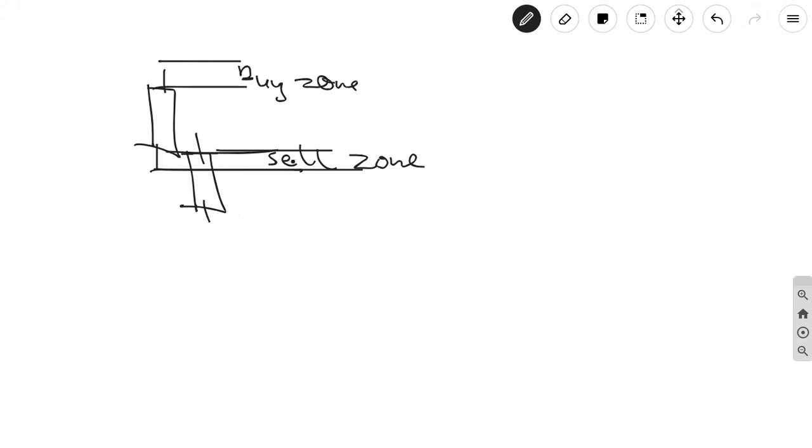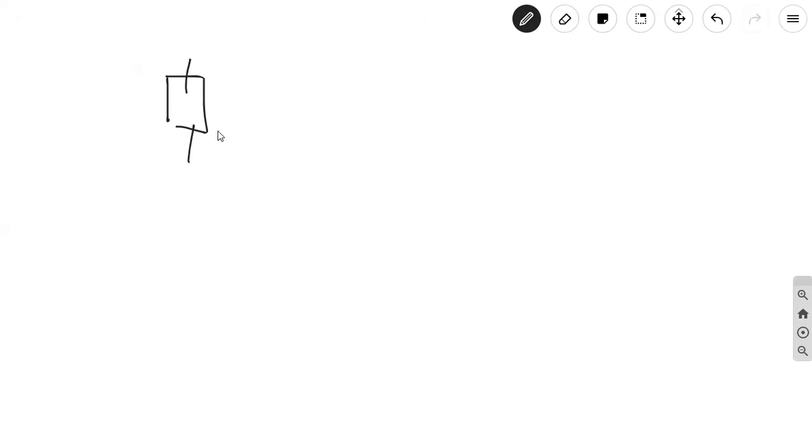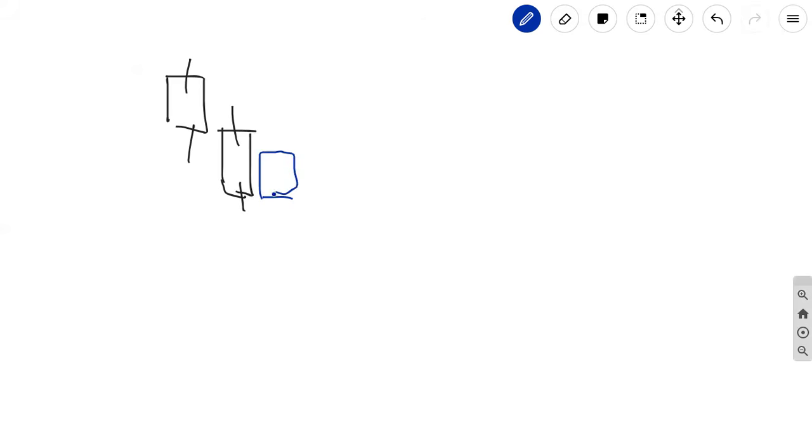But that's not the idea. The idea is when we have candles following each other like this, and then we have a different candle printing like a pullback. These were sell candles, and then we have a bullish candle.